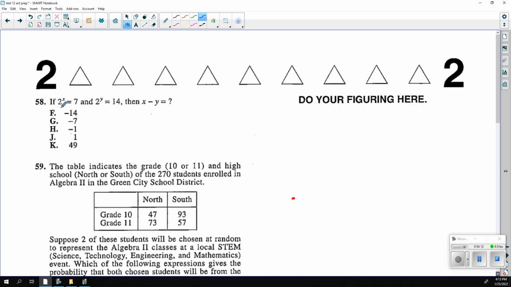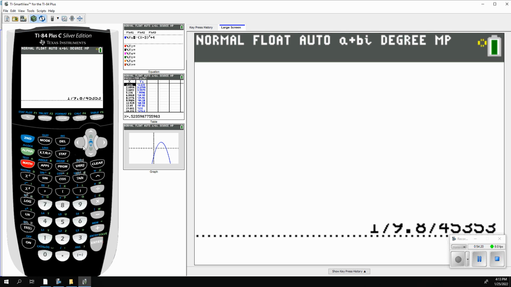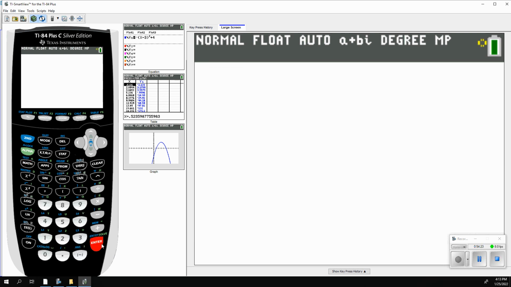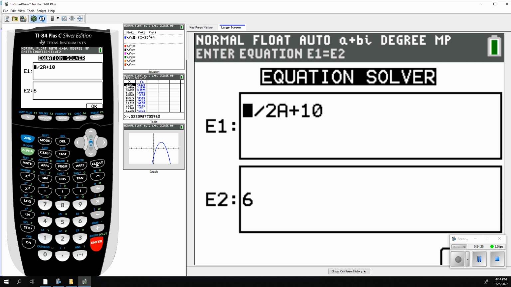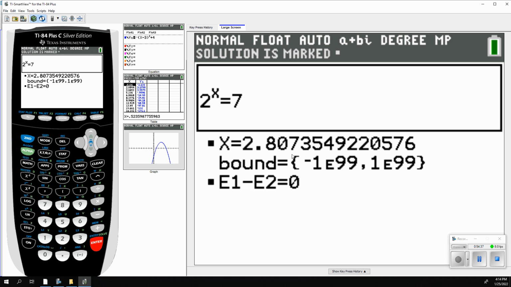I used equation solver for this. 2 to the x equals 7. So 2 caret x is 7. Now, one thing you might not know is when you alpha solve that, it stows that as your x.